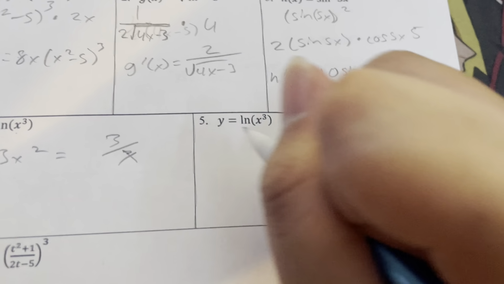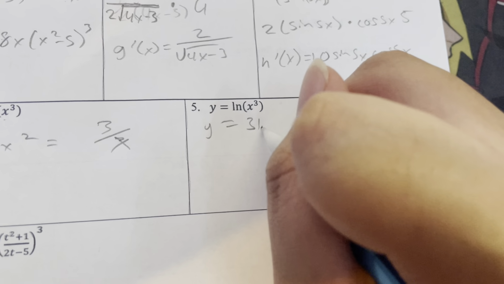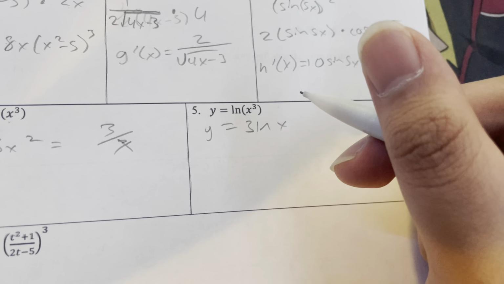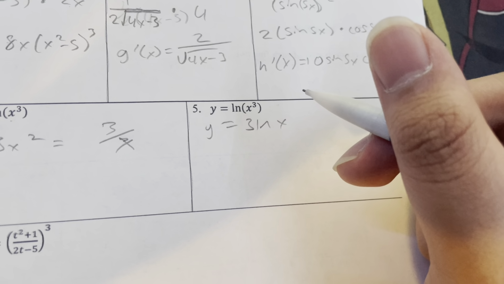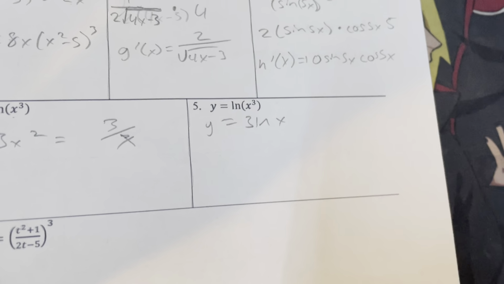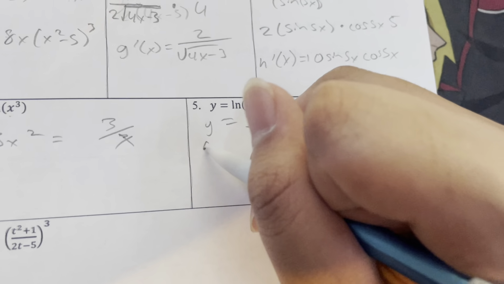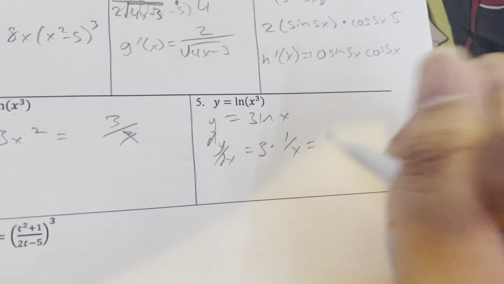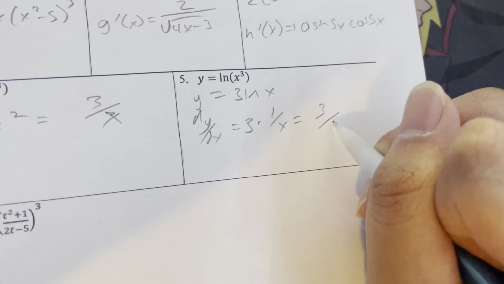Or we could rewrite this as y equals 3 times the natural log of x. Find the derivative. So dy/dx equals 3 multiplied by 1 over x. And that'll also give us 3 over x.